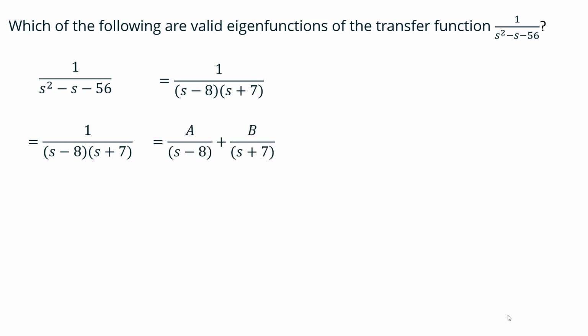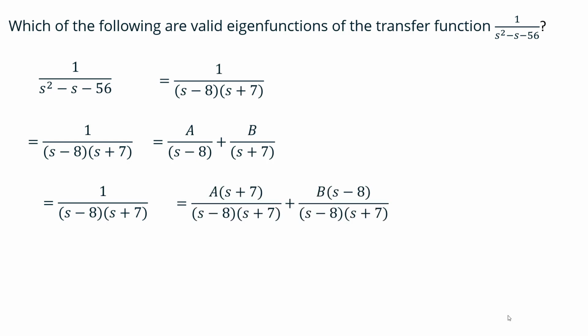And then you have to split it into A over s minus 8 plus B over s plus 7. So you have to solve for A and B, which is a little tenuous because there are two unknowns in one equation. But you can kind of fake it by coming up with a common denominator and adjusting the numerators appropriately.